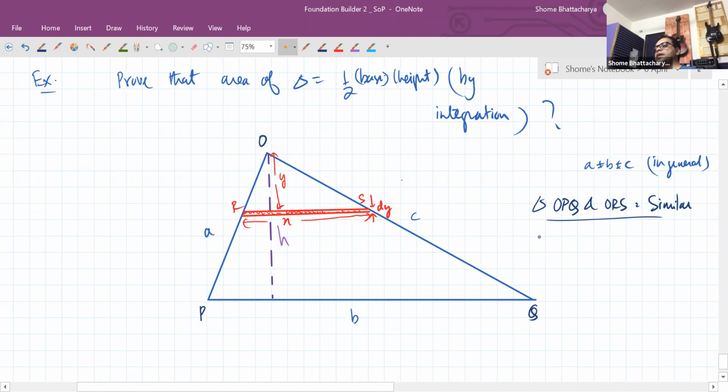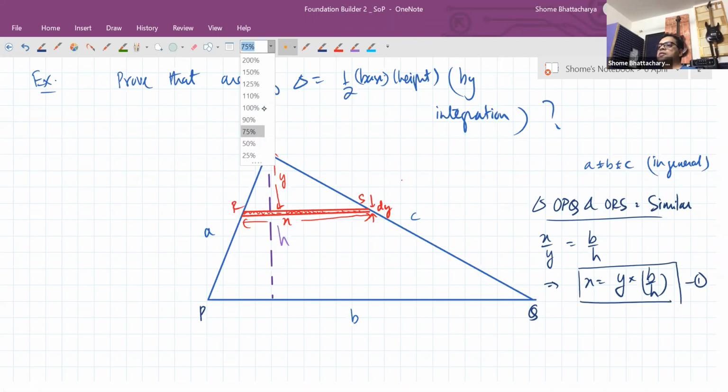So x upon y, that is base upon perpendicular or base upon height, should be equal to b upon h. So I can take x as y into b by h. That is my first step.